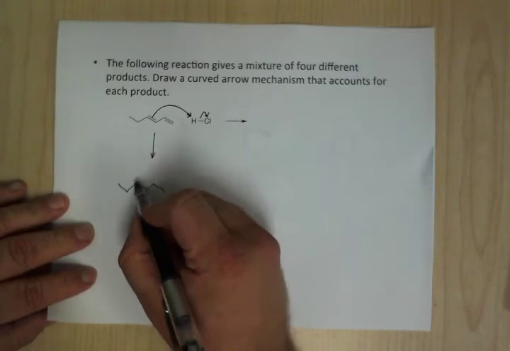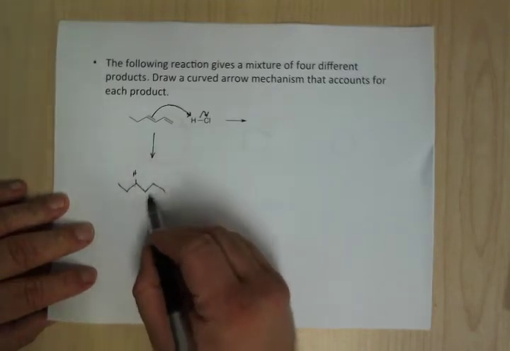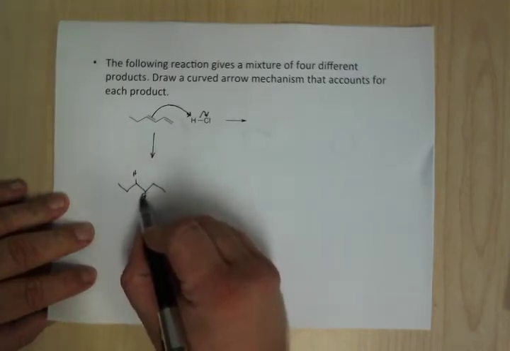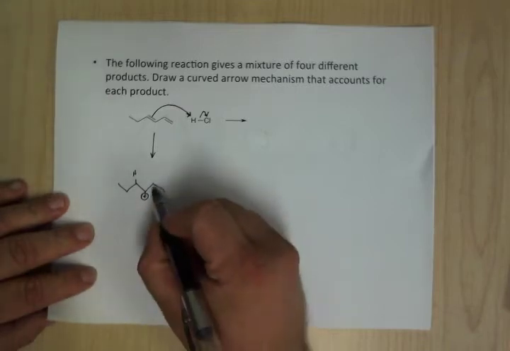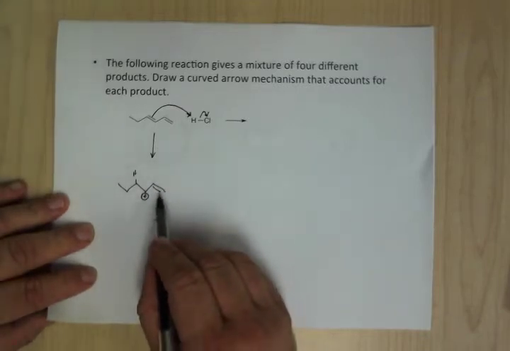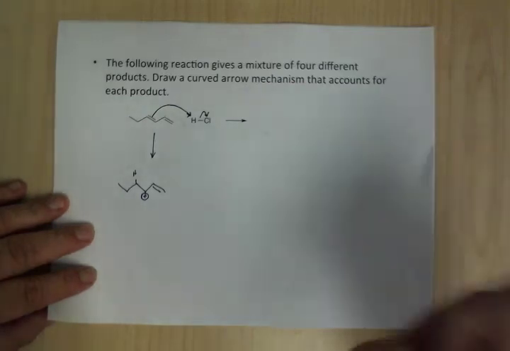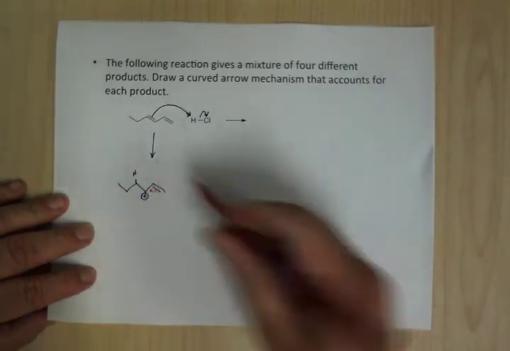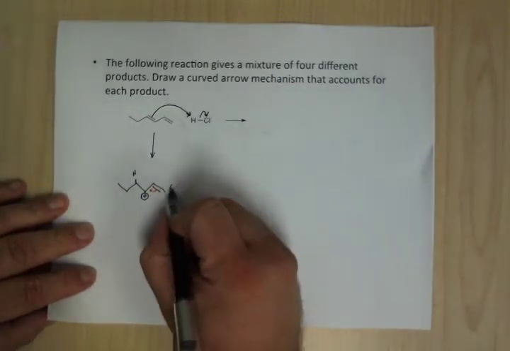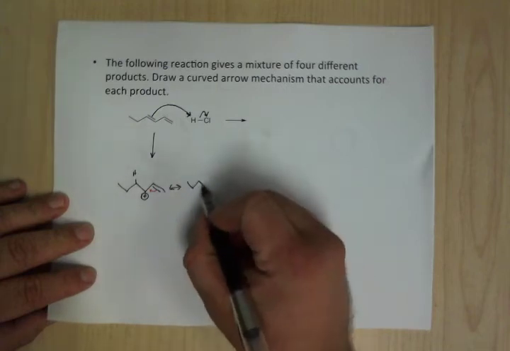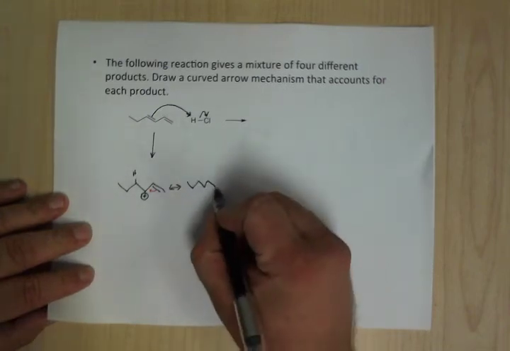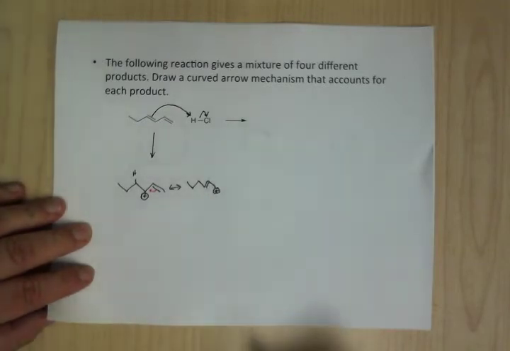You're going to want to put the hydrogen away from it, because what you really want to do is put the carbocation that's formed right next to the double bond. The reason we do that is because we can get a resonance structure to help stabilize it. So now the carbocation's here and the double bond is there.